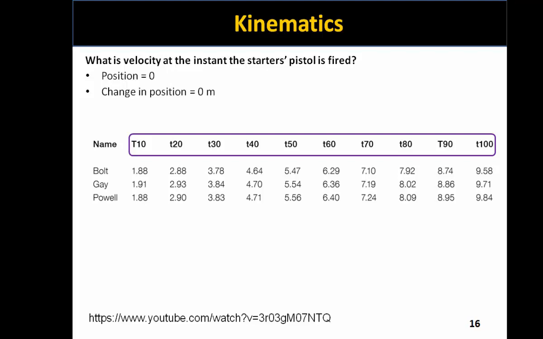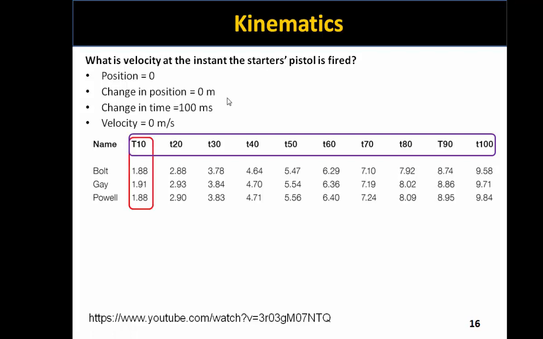So the change in position over a very, very small period of time is 0 meters. And the change in time, we can just arbitrarily take as 100 milliseconds. And so the change in position over the change in time is going to translate into a 0 velocity because the athlete has not moved from that starting point.